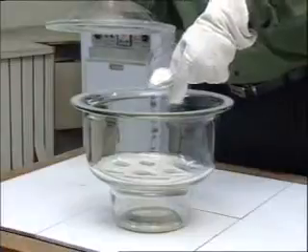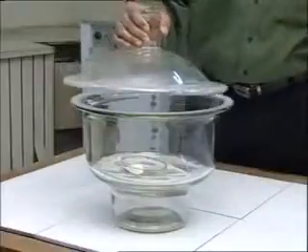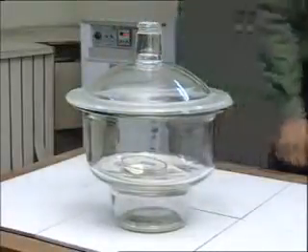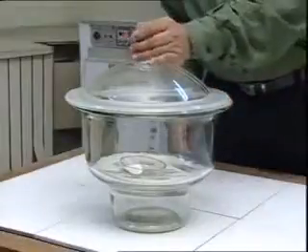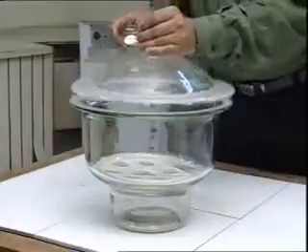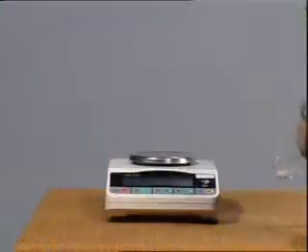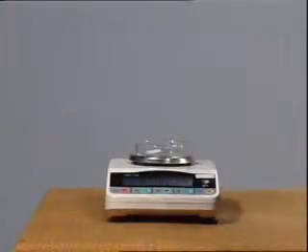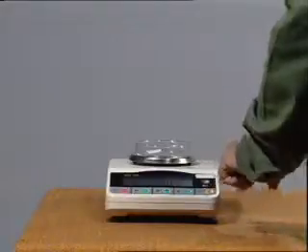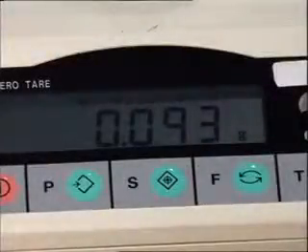Allow it to cool in a desiccator. Determine the weight of the filter, record the value in the proforma.